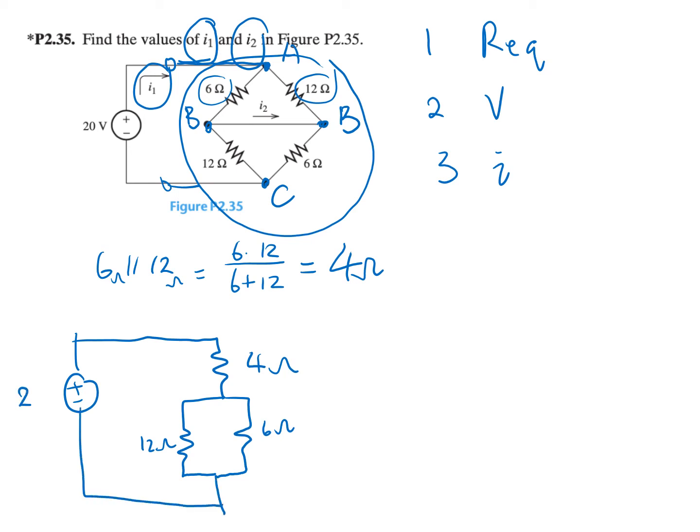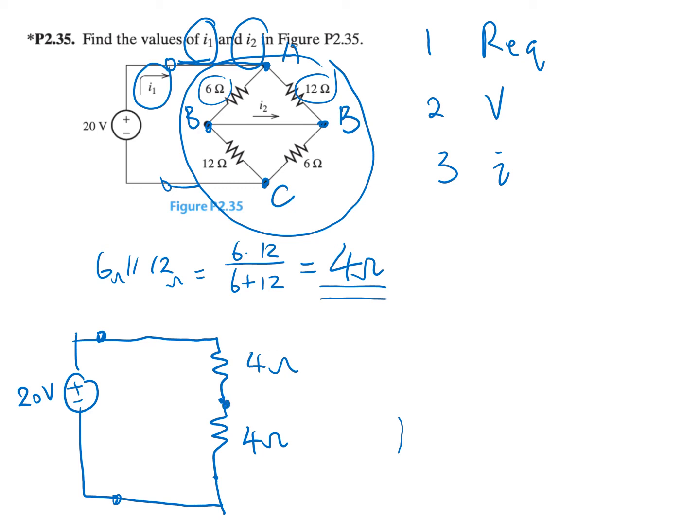Okay, and we can simplify this further because we assumed the terminals are here. Now the 12 ohm resistor and the 6 ohm resistor can be combined, and that's the same as the result here. That's 4 ohm. So we erase these 2 branches and come up with 4 ohm.